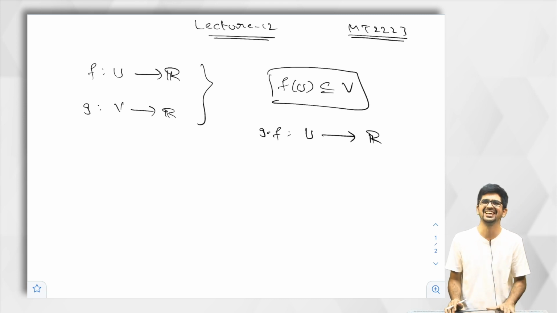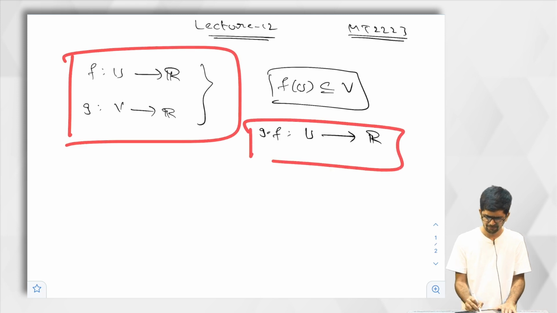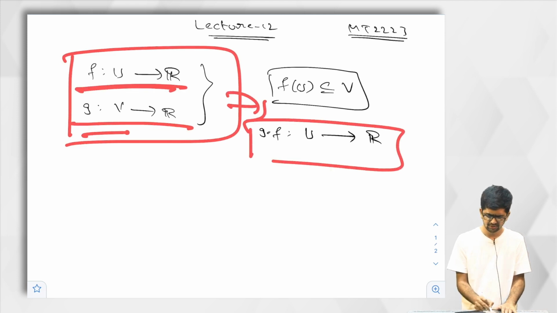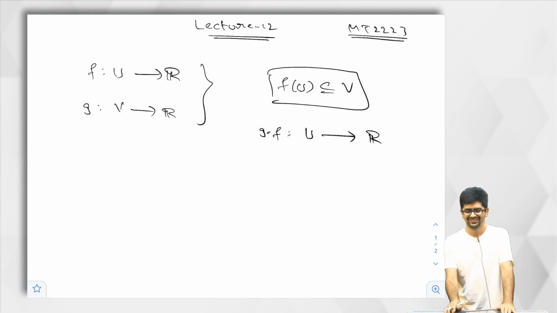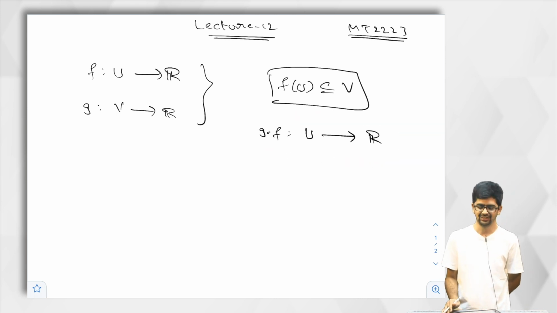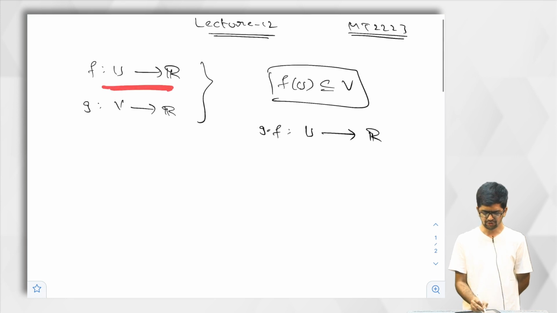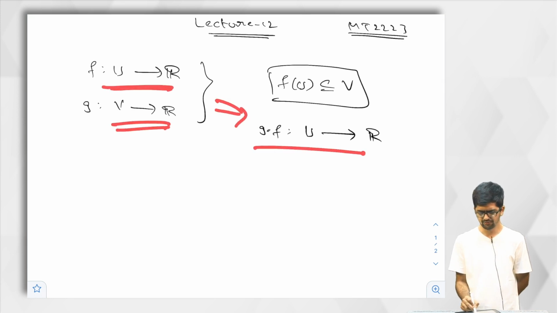I was just bluffing. It is very straightforward, even for this case, that if these are continuous functions, then this is a continuous function. Continuity of these two functions implies continuity of this function.